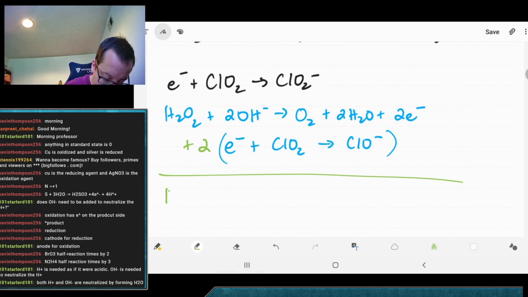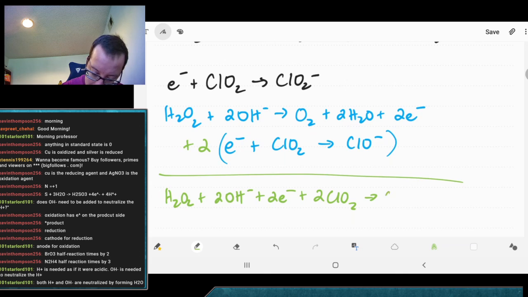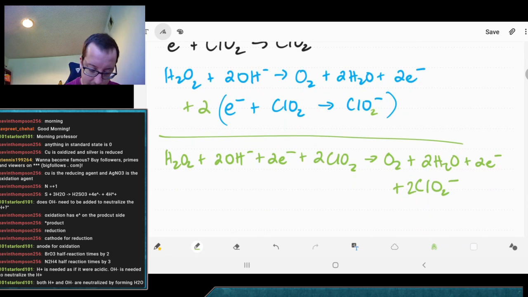So in doing this, oxygen plus 2 waters plus 2 electrons plus 2 of these chlorites. Electrons cancel, nothing else cancels.